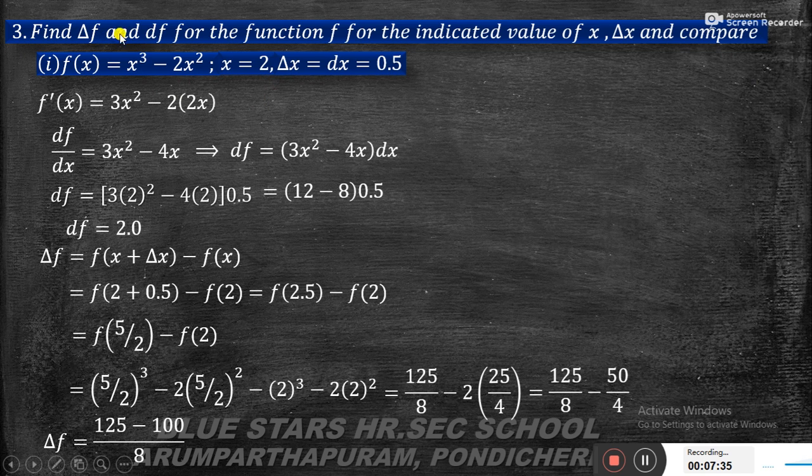So they ask us to calculate del f and df for the given function. Our given function is f of x equal to x cube minus 2x square and x equal to 2 and del x equal to dx equal to 0.5. So this is the given function.